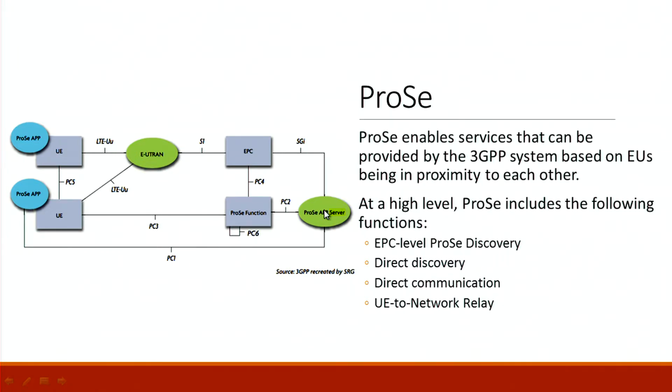The ProSe app server, as we shall see later, is the server providing all services that are related to D2D or V2X. Just to give you an example, I was talking about collision avoidance before. So if you think about collision avoidance, on the car you would have the ProSe app that collects all the data that are necessary for the collision avoidance: location, speed, heading, acceleration, brake efficiency, and it will transmit all this data to the app server.